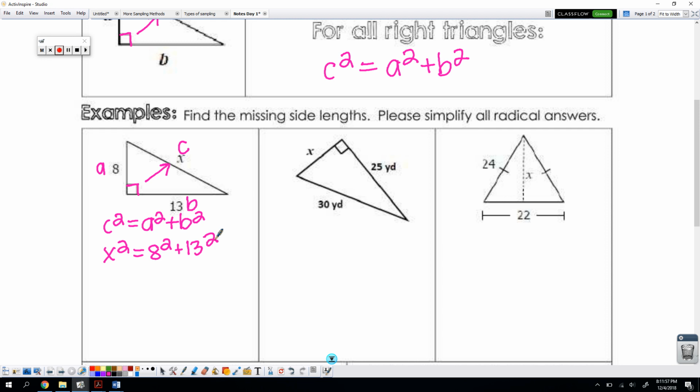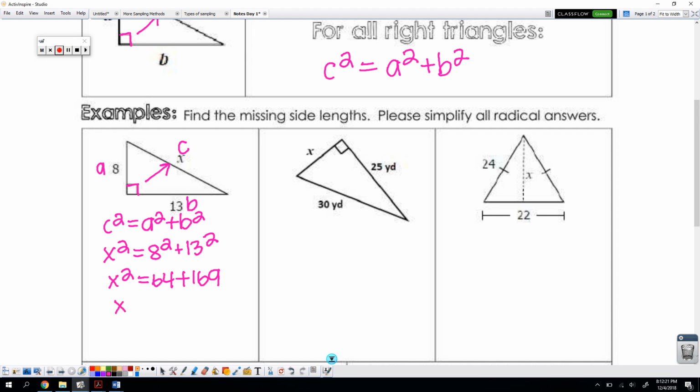You can always use a calculator if you need to, but it is good to have that in your working memory. So, x squared equals 8 squared is 64 plus, and then if you need a calculator for 13 squared, that's fine. It's 169.